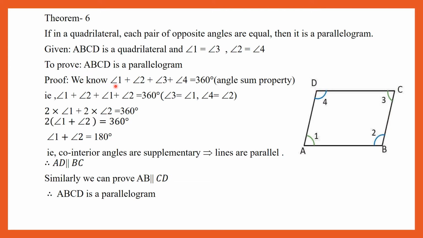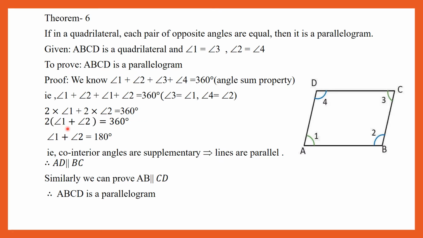We know angle 1 plus angle 2 plus angle 3 plus angle 4 is equal to 360 degrees using the angle sum property of a quadrilateral. Since angle 1 is equal to angle 3 and angle 2 is equal to angle 4, we can substitute angle 3 and angle 4 as angle 1 and angle 2, which implies angle 1 plus angle 2 plus angle 1 plus angle 2 is equal to 360 degrees, which is 2 times angle 1 plus 2 times angle 2 equal to 360 degrees.